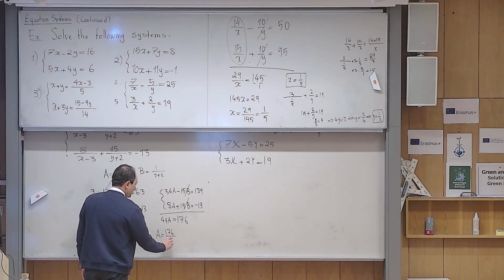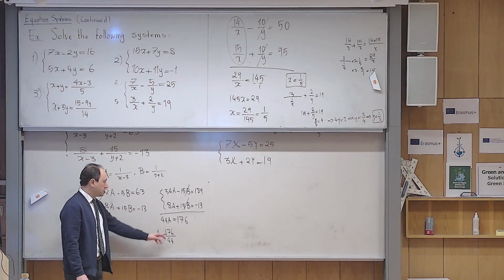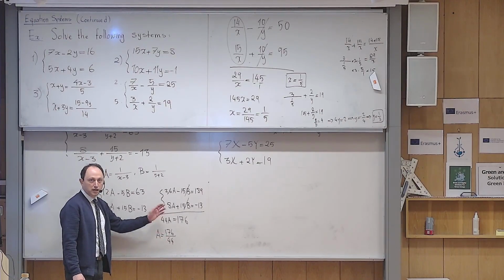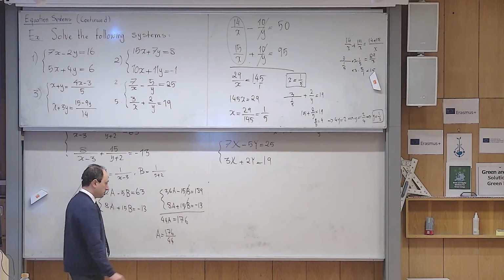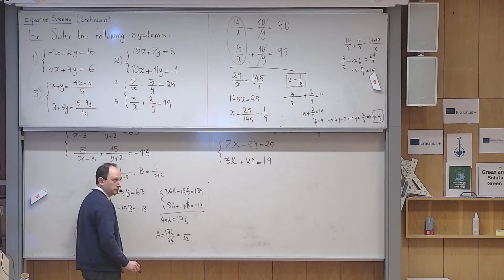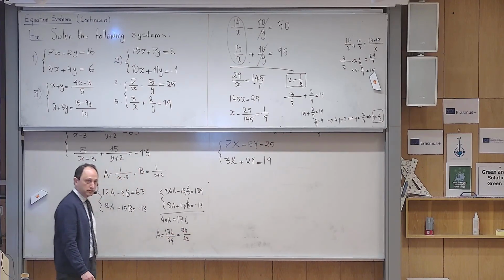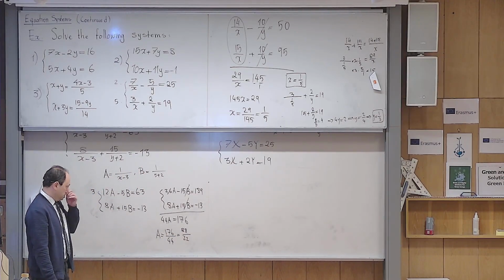176 divided by 44. But don't leave it like this. Even if you don't know, for example, whether this is divisible by 11, you can do it step by step. So you divide by 2. It becomes how many? 88. Am I right? Yes.